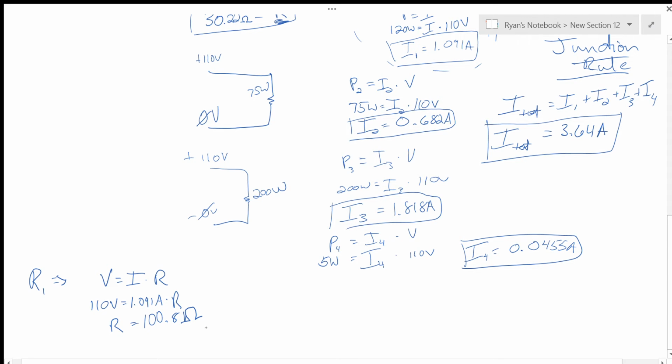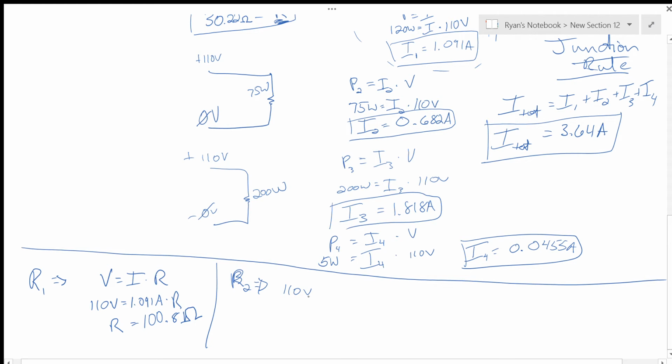We do the same thing for R2. R2 is going to be 110 volts over I2, which is 0.682. I get 161.3 ohms. This is R2, R1.